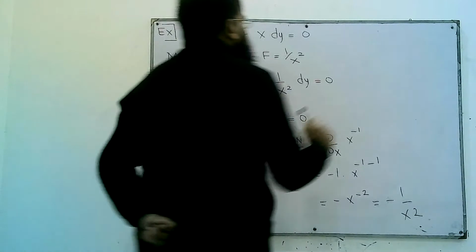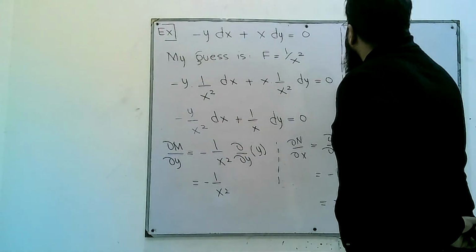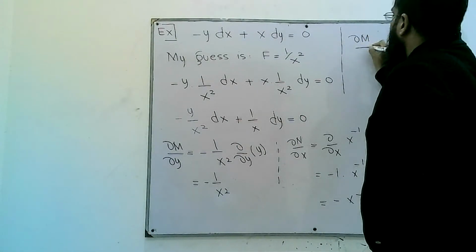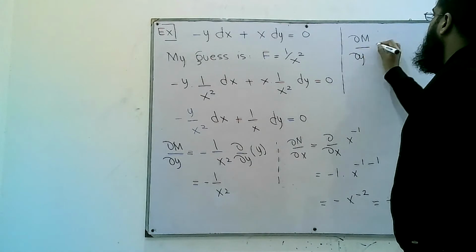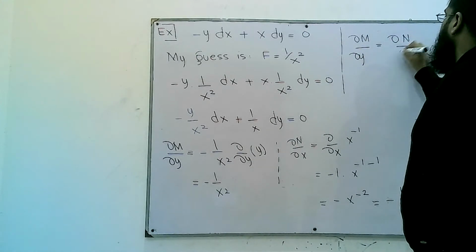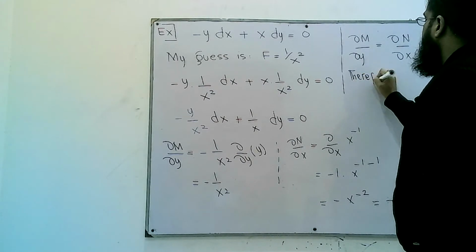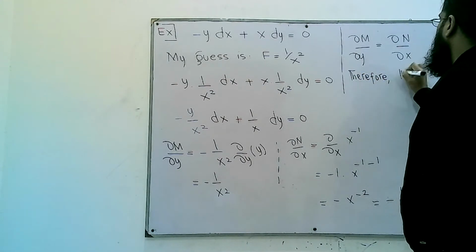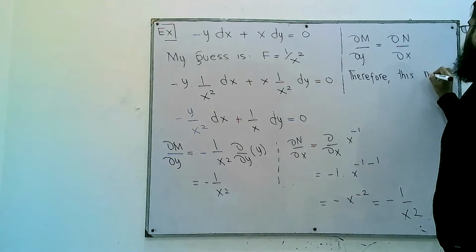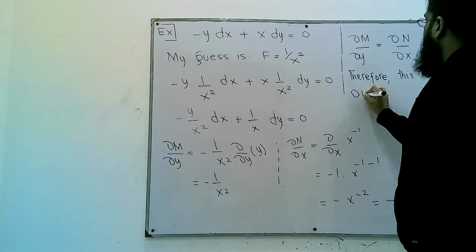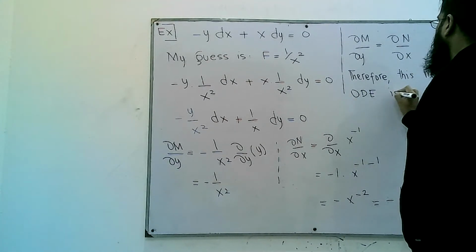Oh, now we have done something really wonderful. Partial M over partial y is equal to partial N over partial x, and they come out to be equal. Therefore this new ODE is exact.